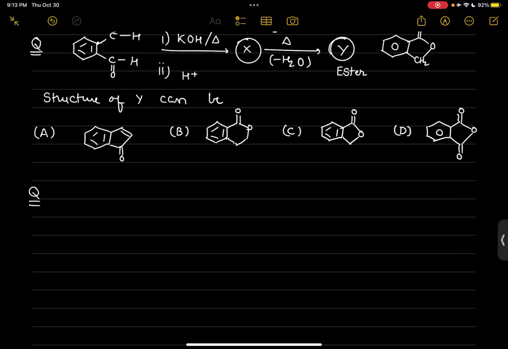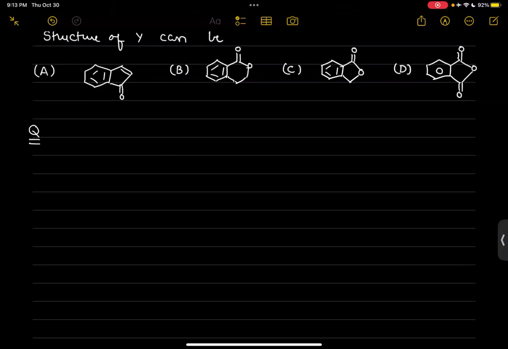Next problem. You have to identify the product of the given reaction.